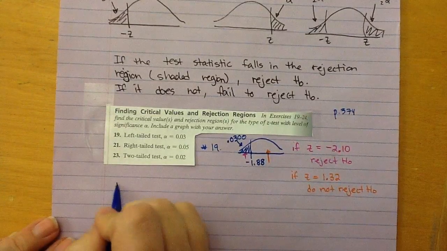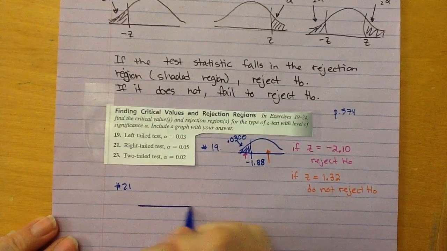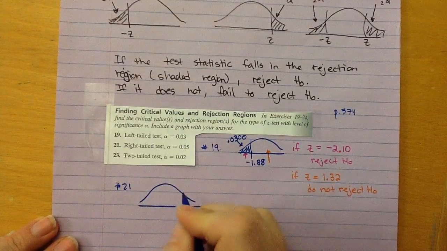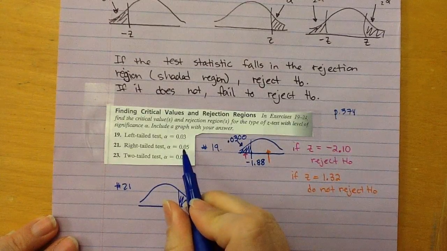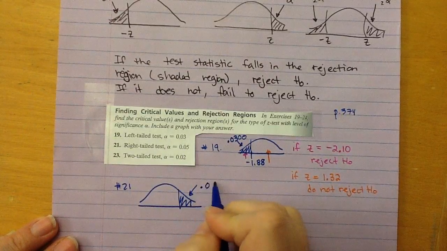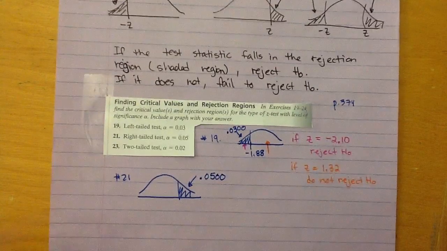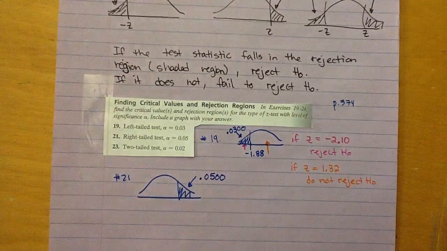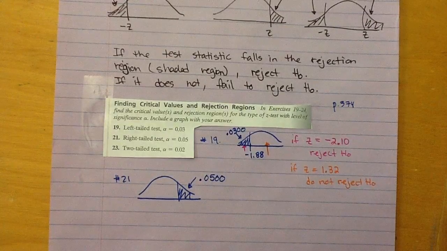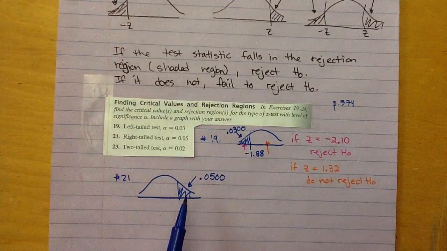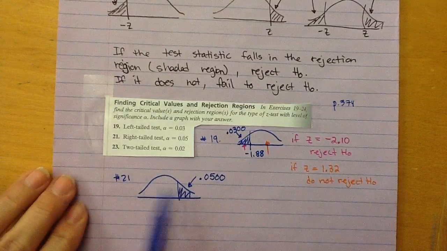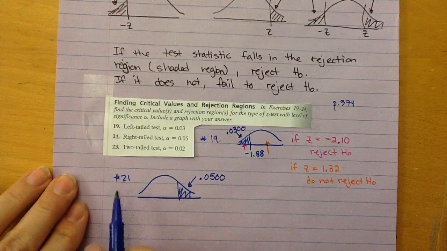Okay, let's look at number 21. Right-tailed test. This area is alpha, which is 0.05, so 0.0500. Now, we can't look up 0.0500 because when we look up values, it's the area to the left.